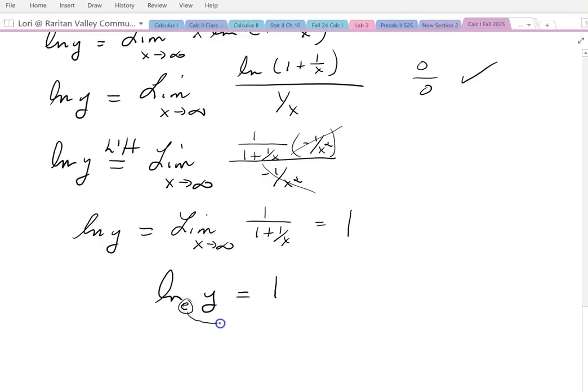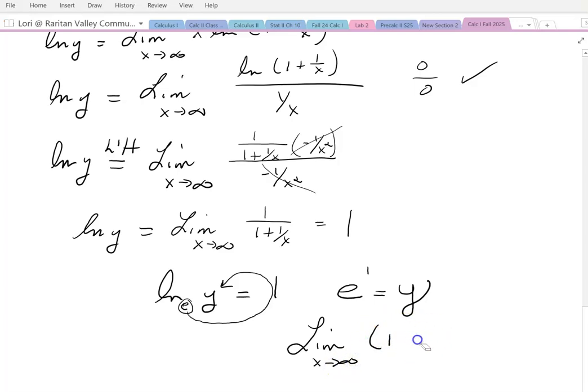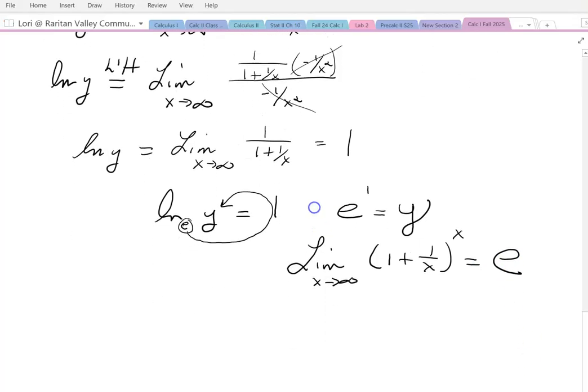Remember doing this? It just means e to the first equals y. And if e equals y, then the limit as x goes to infinity of (1 plus 1 over x) to the x actually equals e.